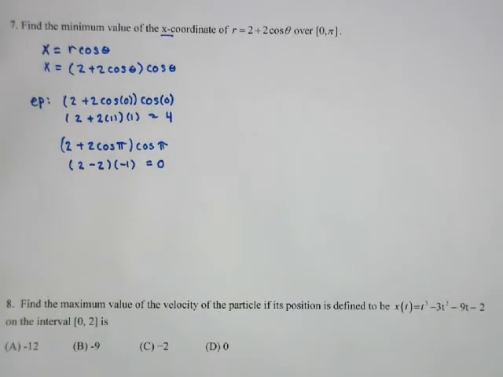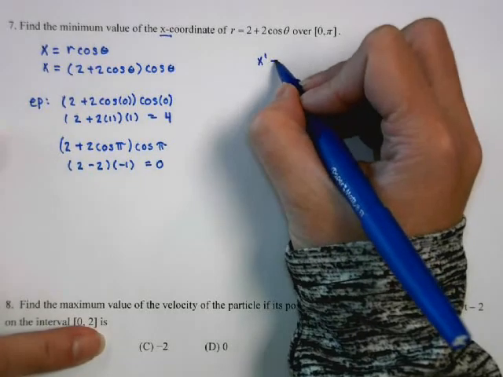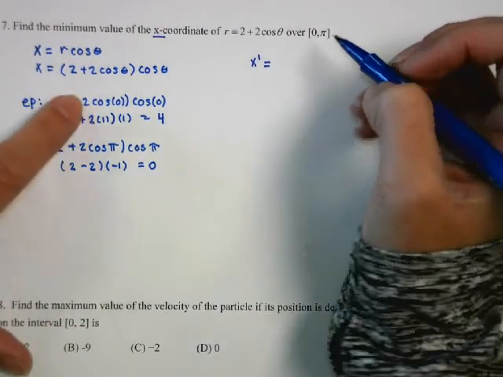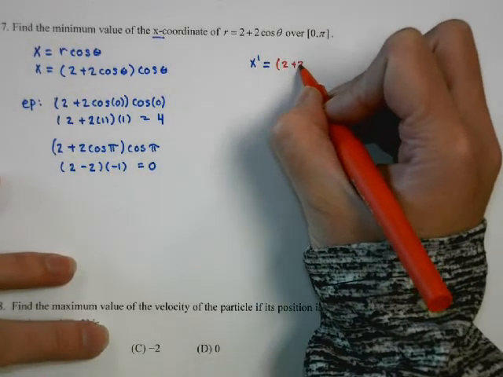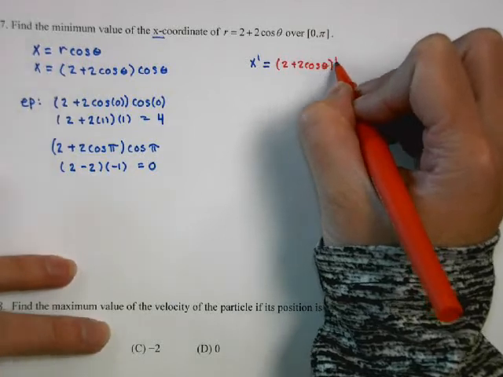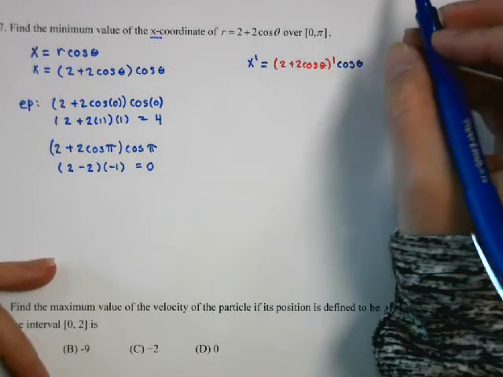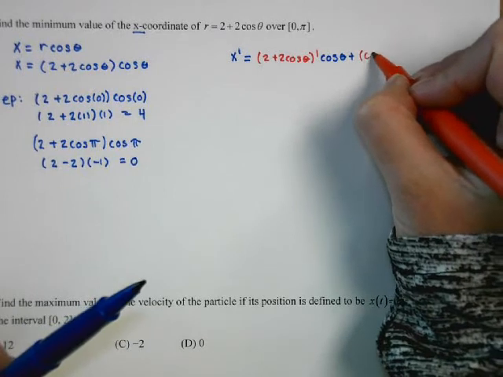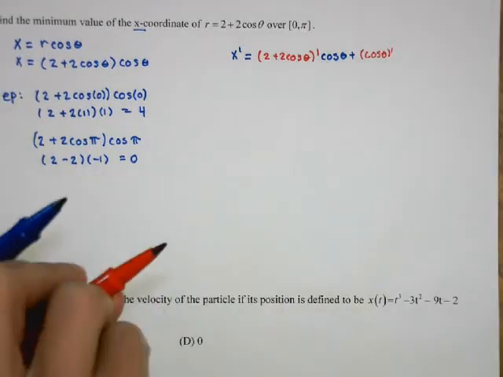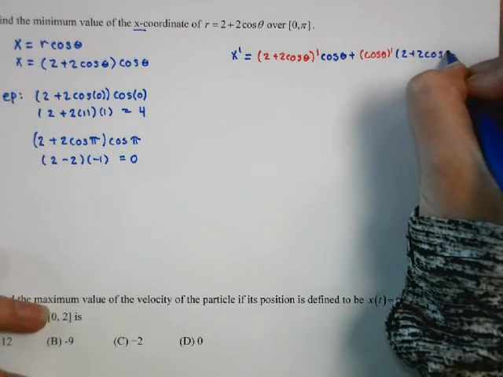Now we're going to find the critical points. So we're going to take the derivative. So we're going to need to do the product rule here. So we're going to have the derivative of 2 plus 2 cosine times cosine, plus the derivative of cosine times 2 plus 2 cosine.